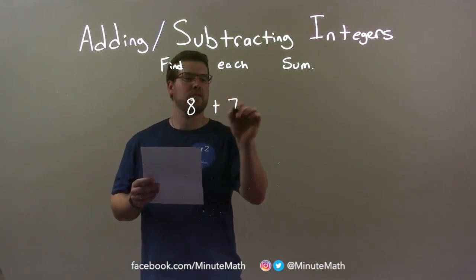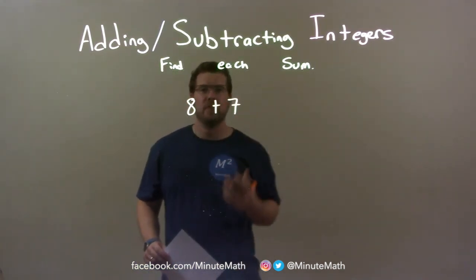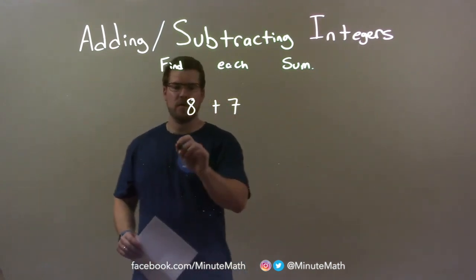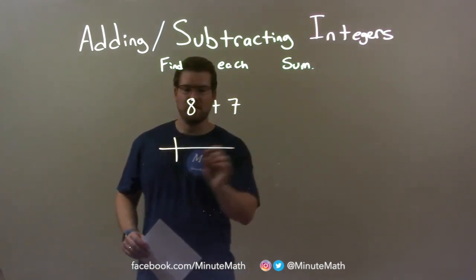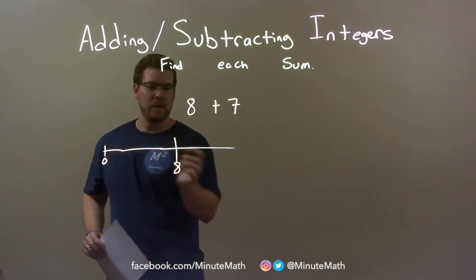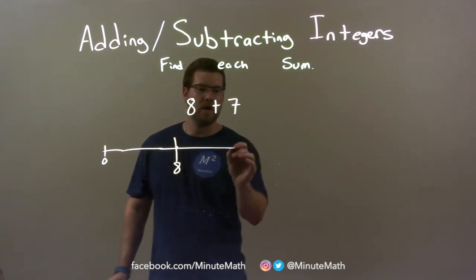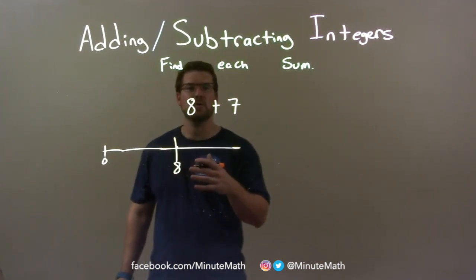8 plus 7. Let's break this down. You might know the answer right away, but let's look at the number line. We have 8 right there, and let's say 0 is somewhere right here. Now we can move 7 units to the right. 7 can break down to be 2 and 5.